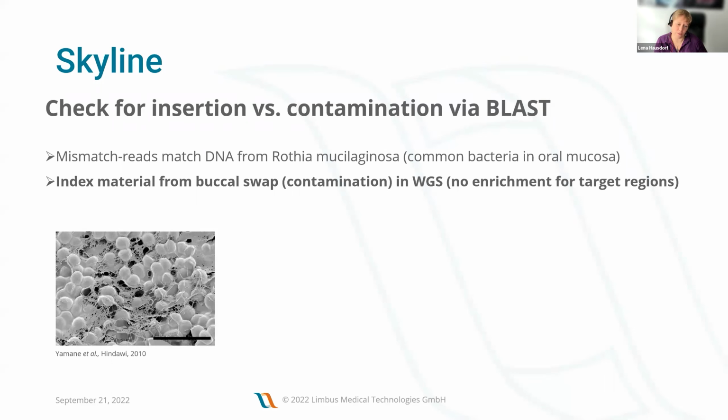If you combine it with a buccal swab and not a blood sample, you might enrich a lot of bacterial DNA, and some of that will align to the human genome. On the other side, this is also a task on our roadmap to get these removed, which is not that easy because it could be any kind of bacteria.